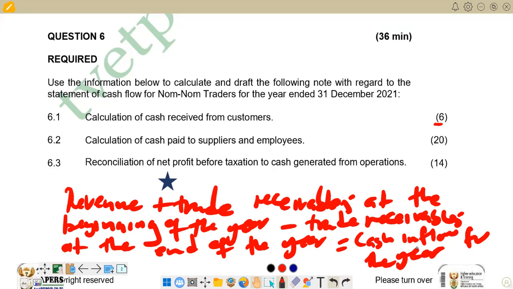That's why we are adjusting for trade receivables at the beginning and trade receivables at the end, because we are trying to see the actual cash that was received for those trade receivables. Remember, trade receivables represents those customers that we sold goods to on credit.